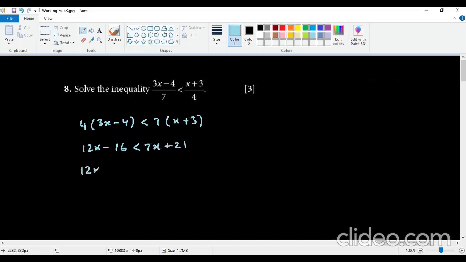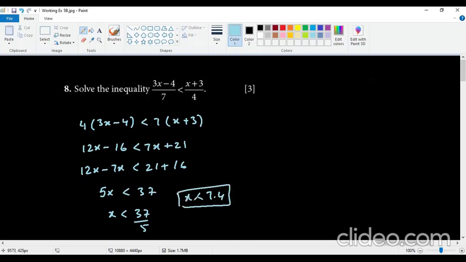And 12x minus 7x is going to be less than 21 plus 16, which is going to give us 5x less than 37. And 37 divided by 5 is going to give us 7.4. So the value of x should be less than 7.4. This is going to be your final answer. This was question number 8.